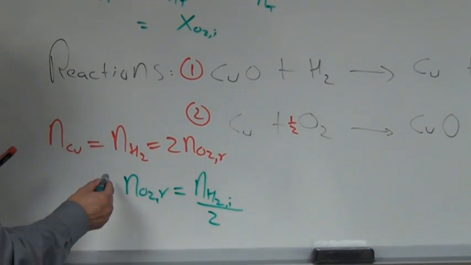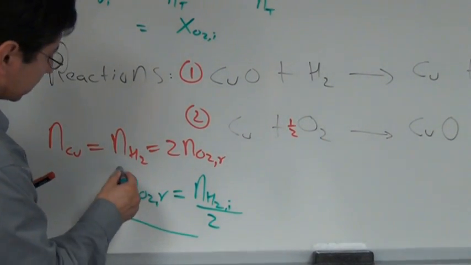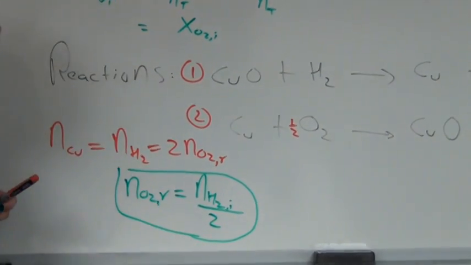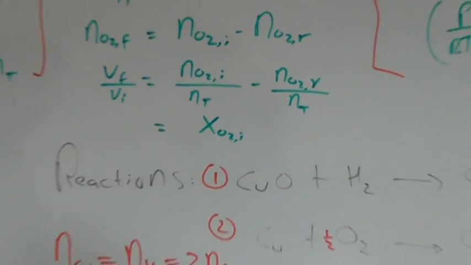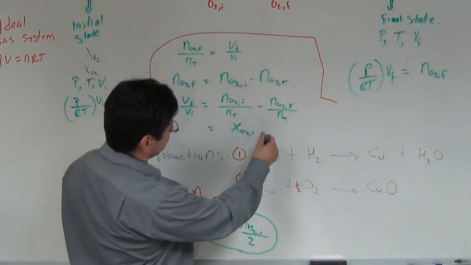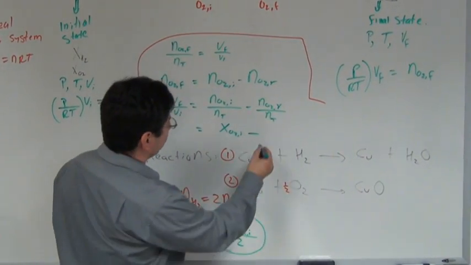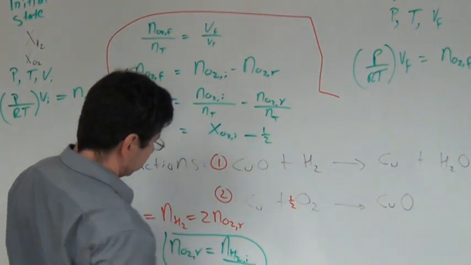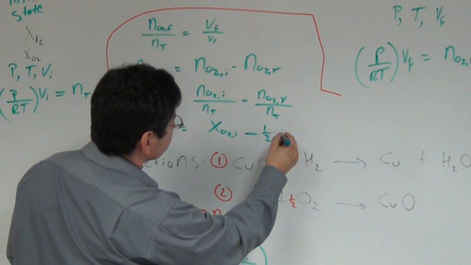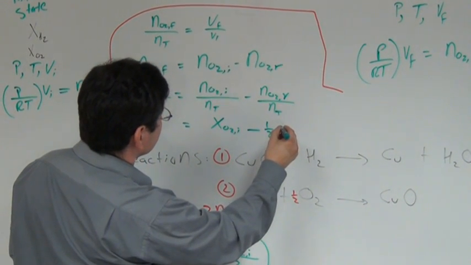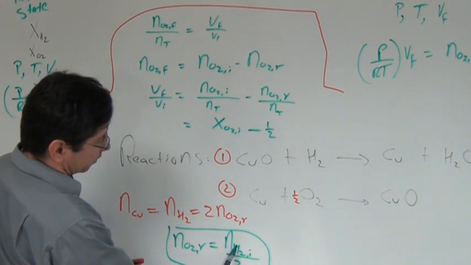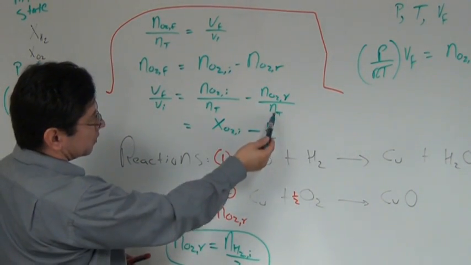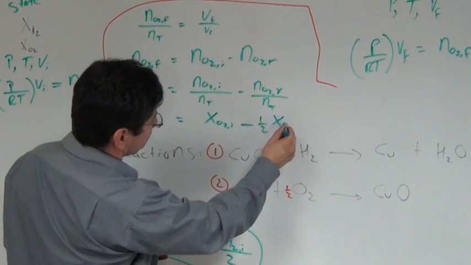Okay? So this term can then be used here. Right, so let's do it. This is going to be minus 1/2 the number of moles of hydrogen divided by the total number of moles, so that's going to be the mole fraction of hydrogen.